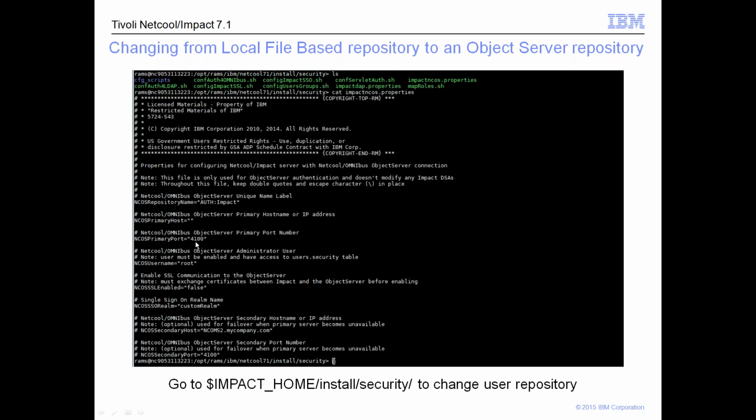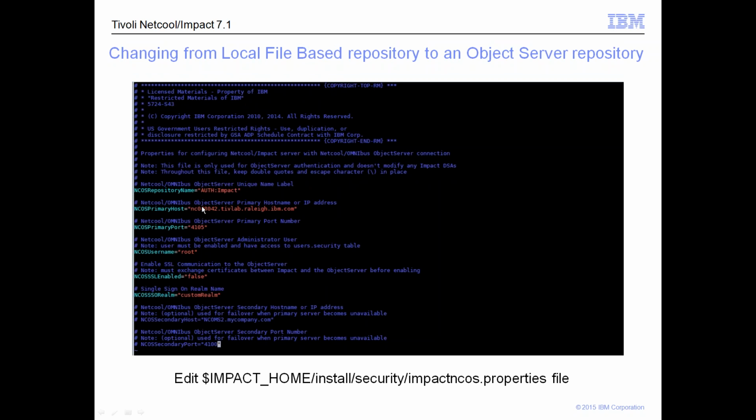There's no host name, again default port, default user. I usually don't alter the impact auth admin name. I'm not using SSL in my examples, and I just stick with the custom realm. So we'll go ahead and edit that, and I've selected my host name where my object server resides.